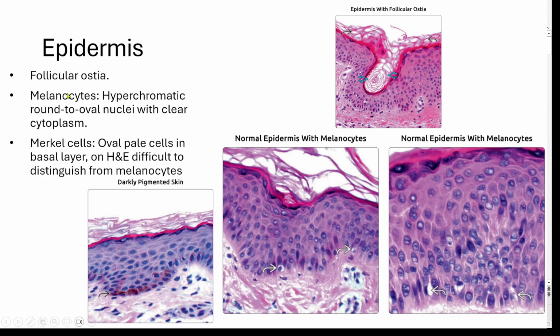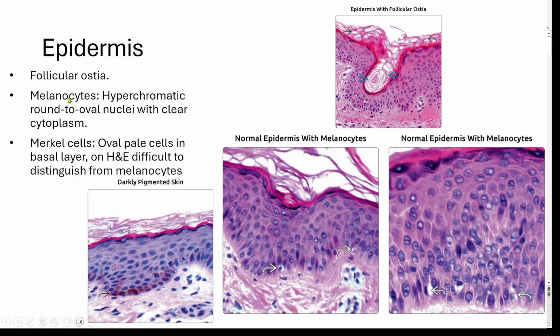Then we have other structures. The follicular ostia is an adnexal structure coming out of the dermis into the epidermis. Of course, this is your hair follicle. The ostia just means an opening.